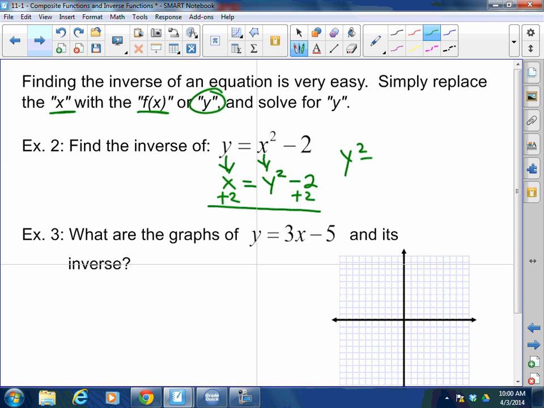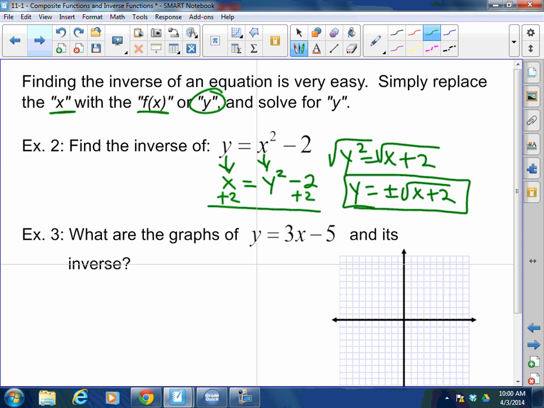I got y squared equals x plus 2. We know how to solve radicals. Y equals plus or minus square root of x plus 2. I kid you not. That is the inverse of that. Literally, replace the x with the y and the y with the x and solve for y.